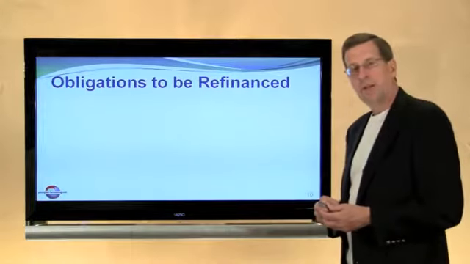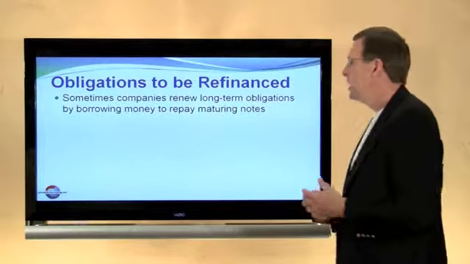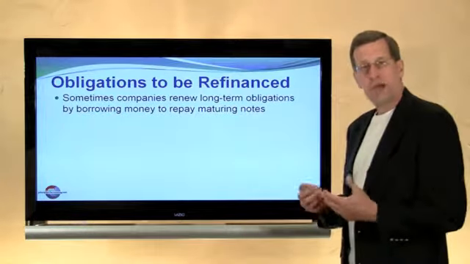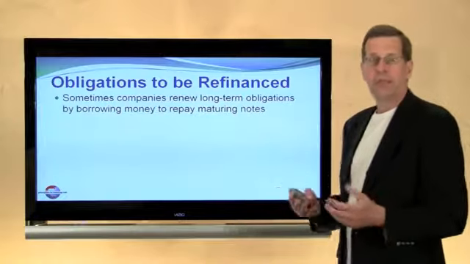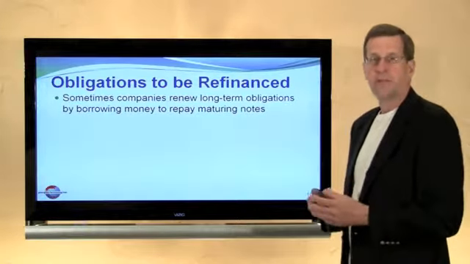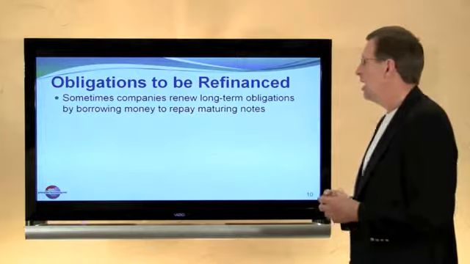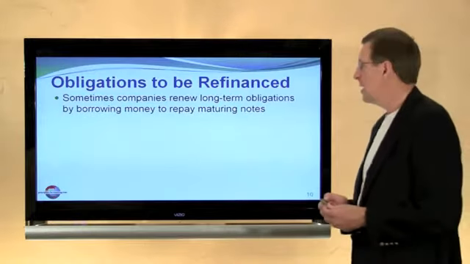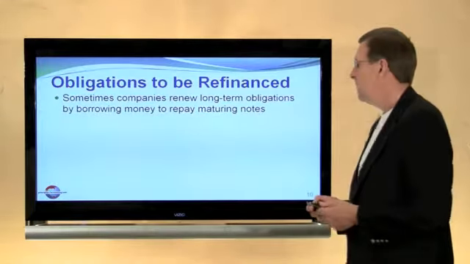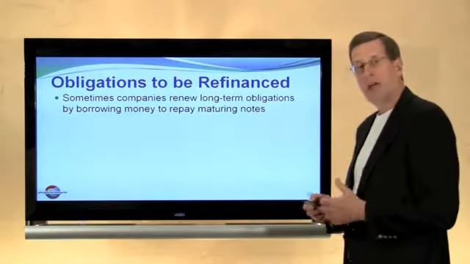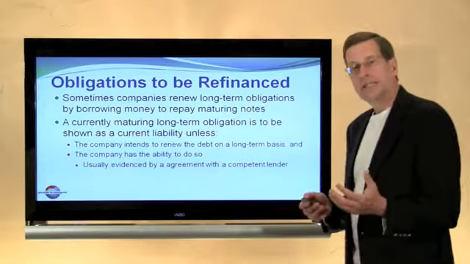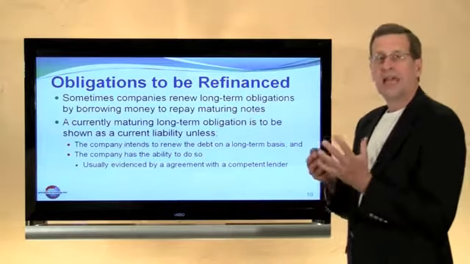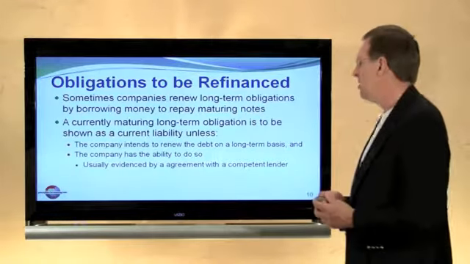Obligations that are expected to be refinanced raise interesting questions. Sometimes a company has a long-term note that's coming due and they intend to essentially pay it off by borrowing from another lender or even from the same lender in a new transaction. These are amounts or obligations that we expect to refinance rather than actually paying off. Now, these amounts should be shown as a current liability for the year prior to their due date unless there's an intent and an ability to refinance on a long-term basis.